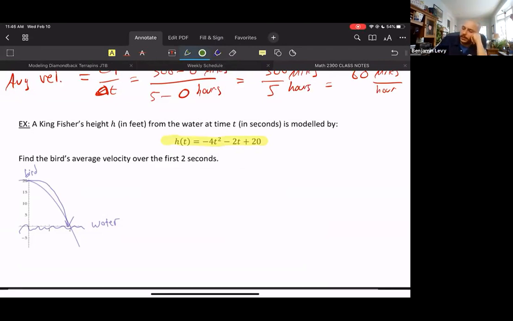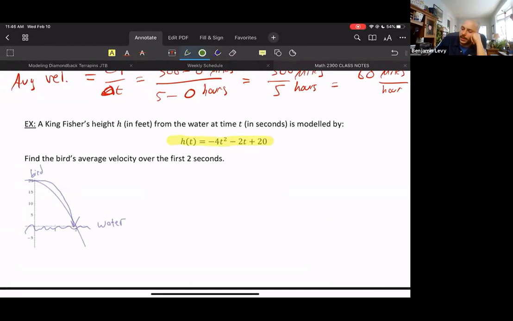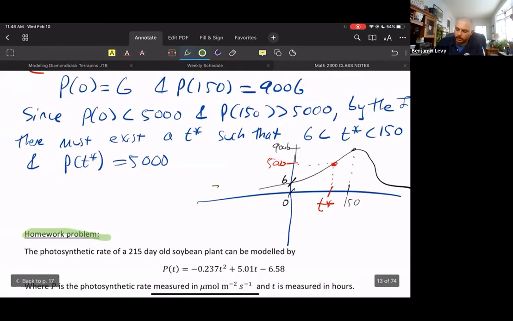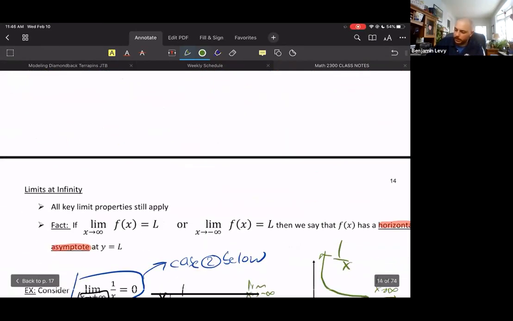So this tells you the height, right? H tells you the height at a given time. And so we want to use that. So we want to do average velocity. We want to do the change in position over the change in time.